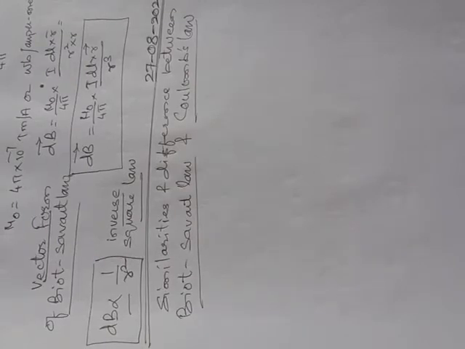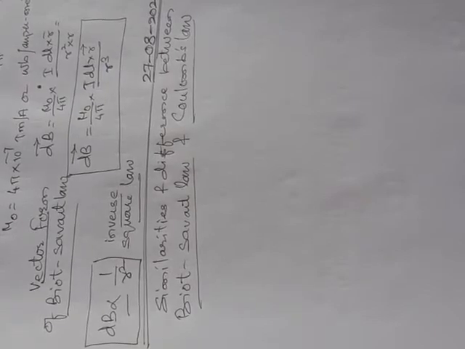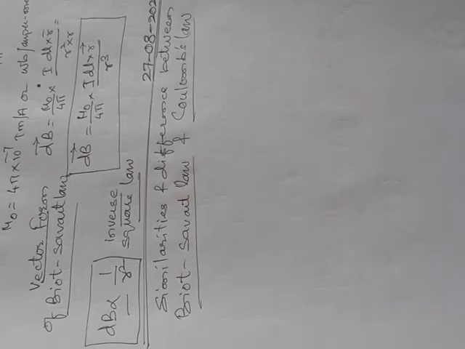Today we have to see the similarities and differences between the Biot-Savart law and Coulomb's law. Yesterday we saw what the Biot-Savart law is, how it depends, and further we saw the current element.